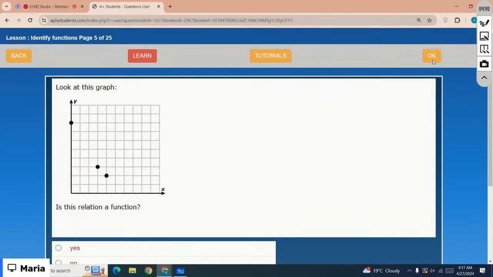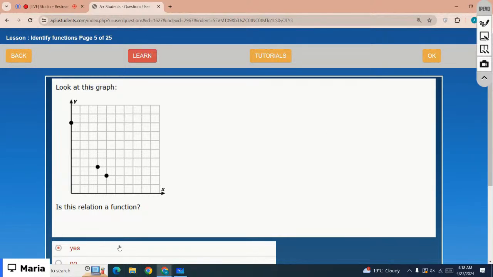Look at this graph. The correct option is yes, that's a function.